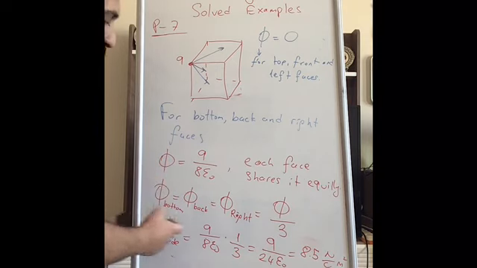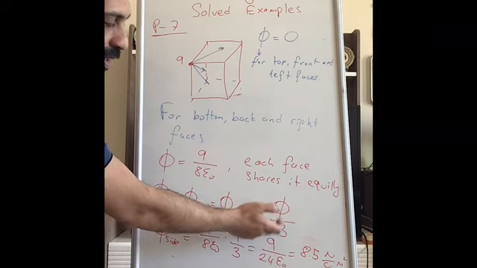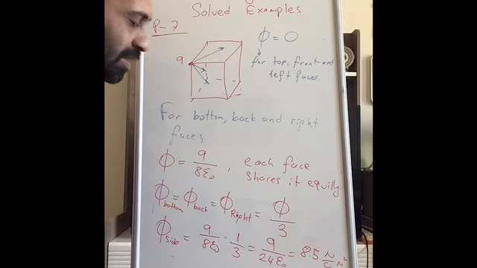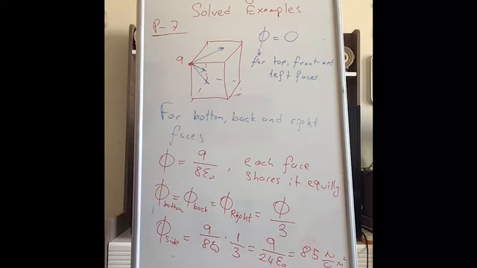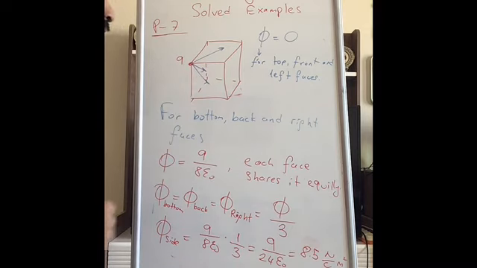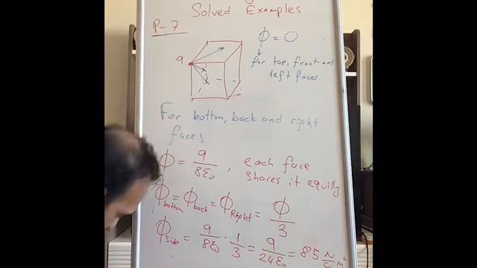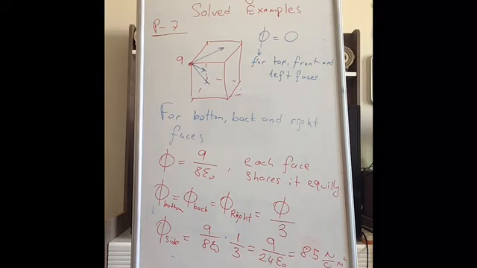Then we just need to divide the electric flux by 3, and we found it is going to be equal to Q over 24 epsilon 0. And if you plug in the numbers here, you will find 8.5 Newton meter squared per Coulomb for the electric flux for each face. Each face means each of the bottom, back, and right faces. Alright, this is how we can use Gauss law, even though it seems not appropriate in the beginning.